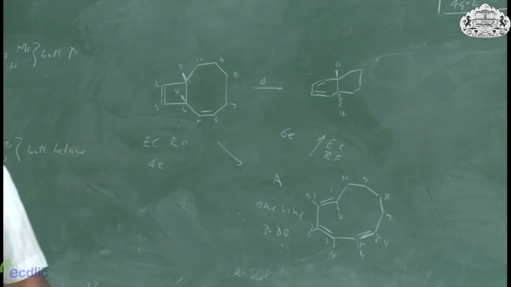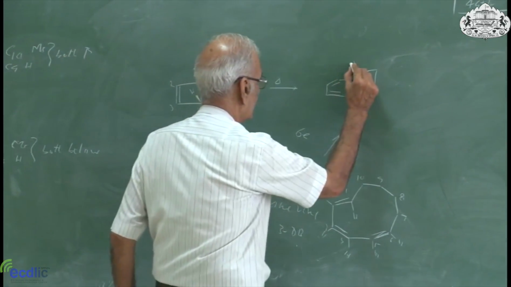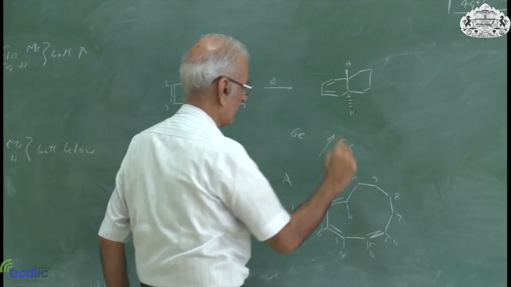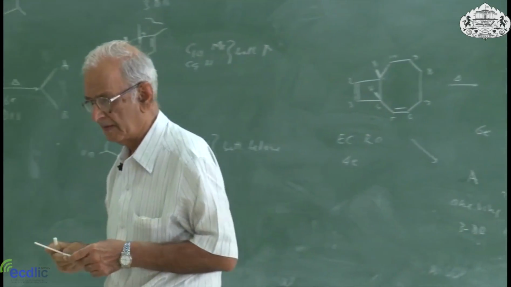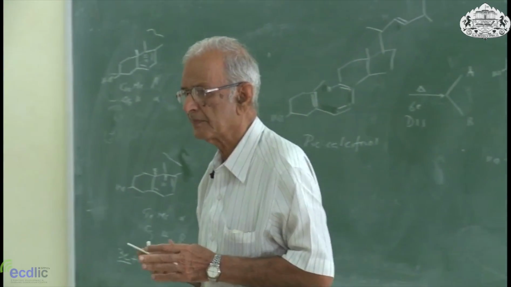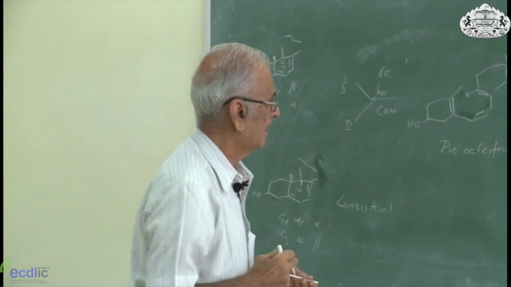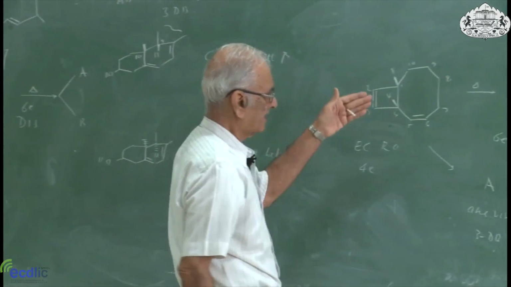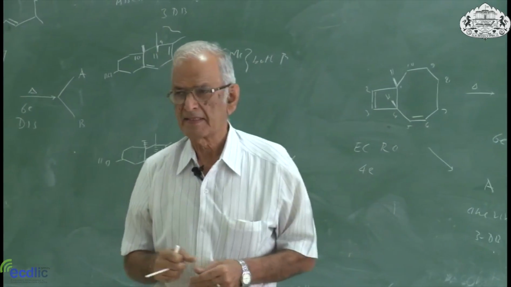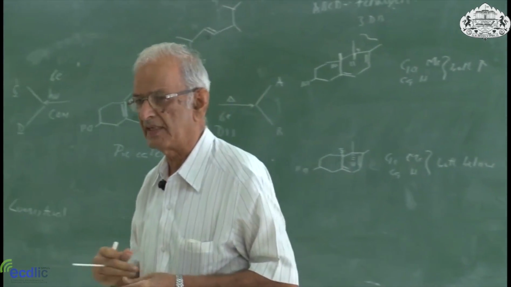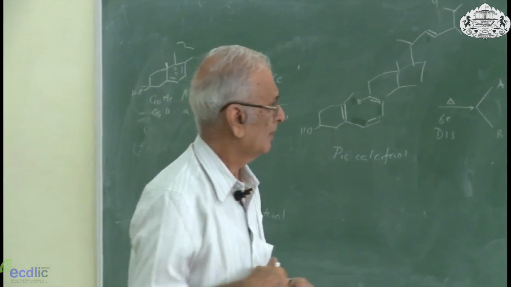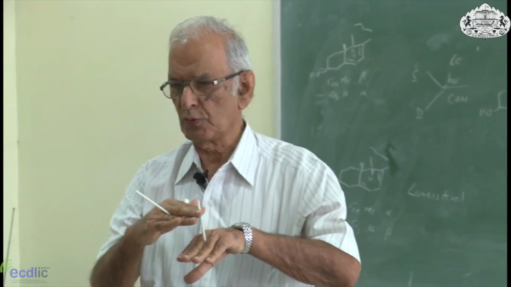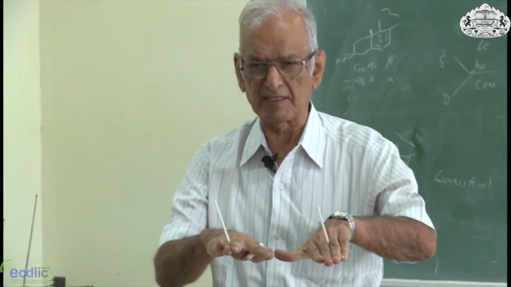So, if your first hydrogen is above, your second hydrogen will be below. When I did this reaction, I could have a second picture that we can see. What is it? My 2 hydrogens in my starting material were cis.